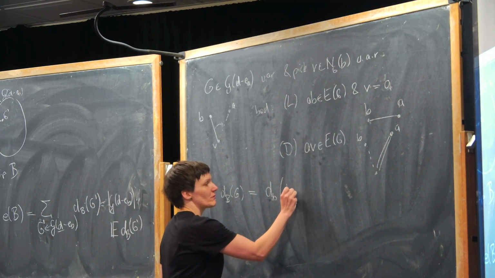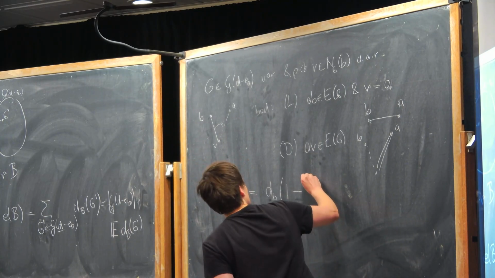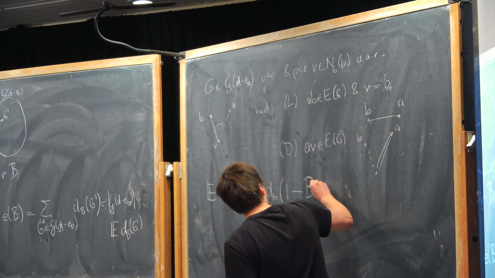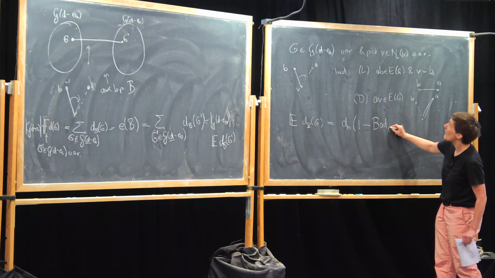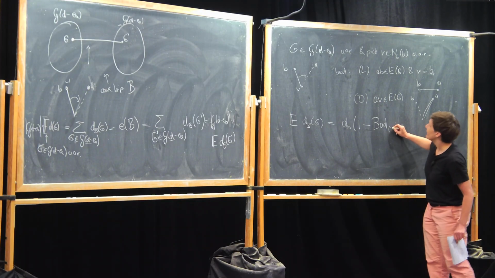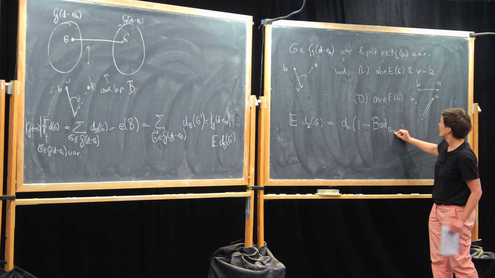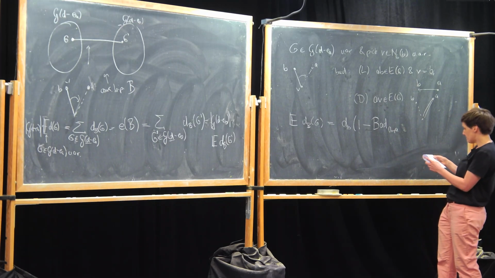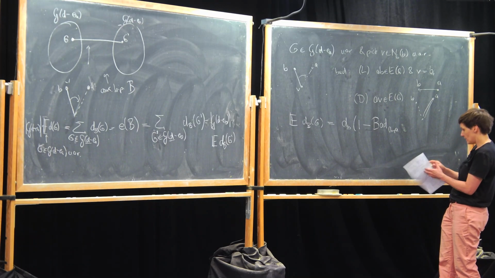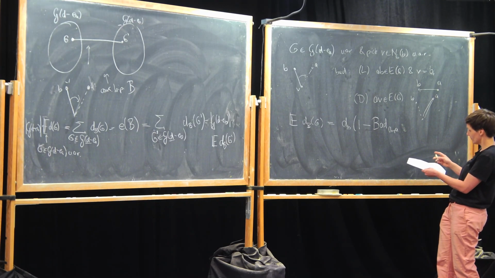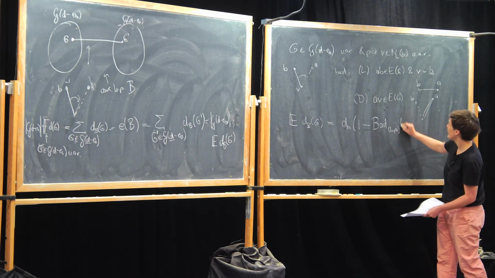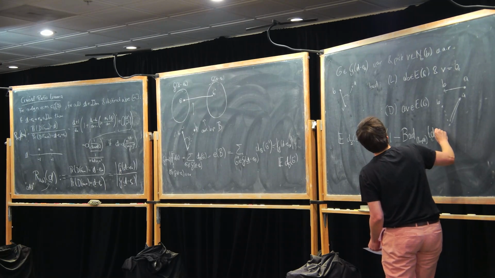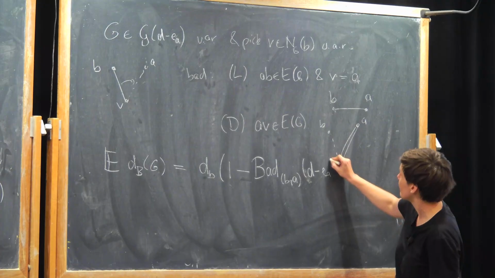So let me just write this as 1 minus the bad probability if I flip from B to A in this degree sequence D minus EA.